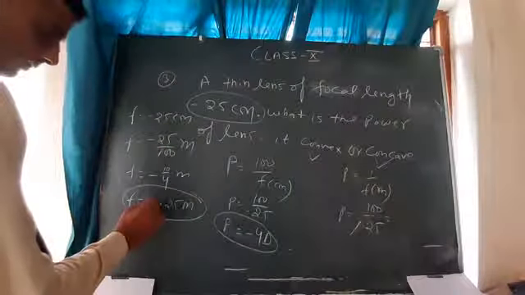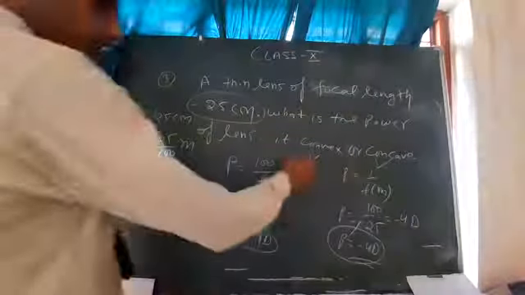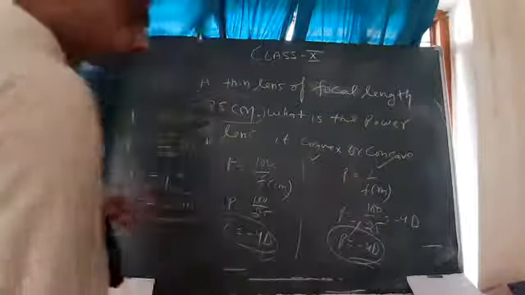So P equal to 1 upon -0.25, so by removing the point, it is -100 upon 25, so -4 diopter. As you can see, by both ways the power comes -4 diopter.